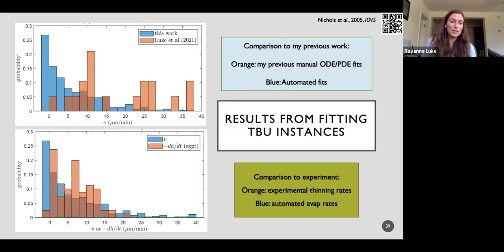So this is encouraging that our model results are doing a good job of capturing physically realistic dynamics. But again, we do expect to have some faster thinning rates because this study did not target breakup. It just looked at the center of the cornea.